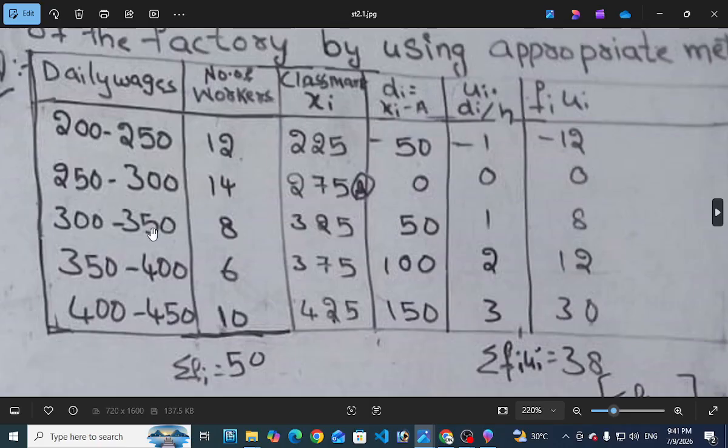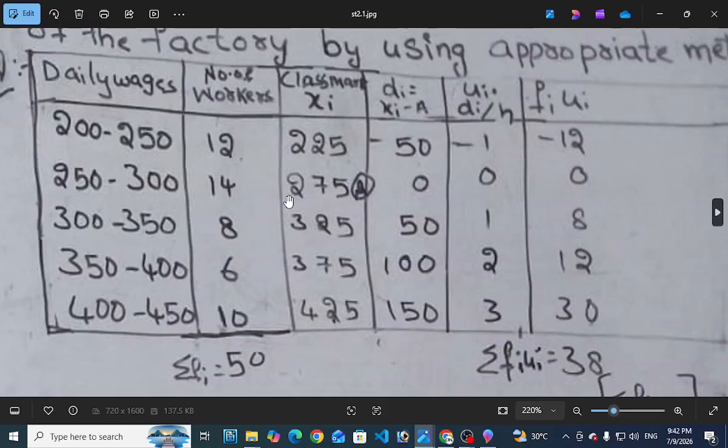As the data is in large size, if we go with the direct mean method we can solve the problem, there is no problem, but a little bit of complexity can take place. That's why we have the deviation method and step deviation method to solve the problem.